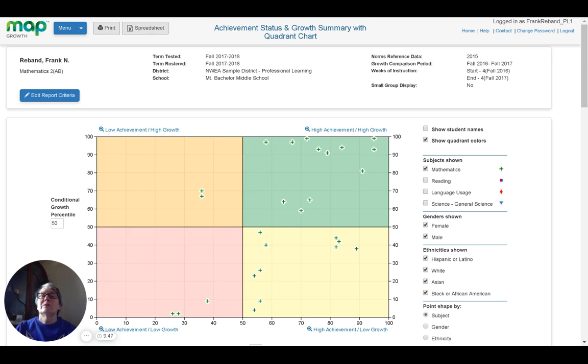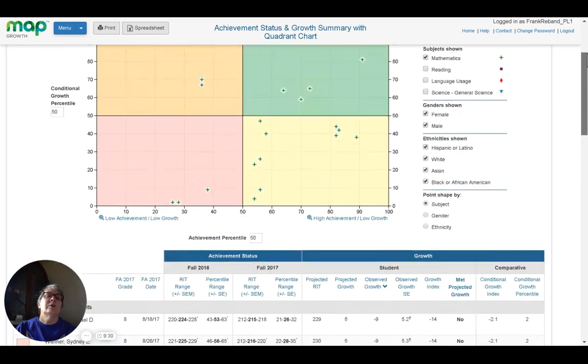We're going to be talking specifically about NWEA's Achievement Status and Growth Summary with Quadrant Chart report. We talked about the Quadrant Chart itself in the last lesson, so we're going to be looking more specifically at the table that is below that.